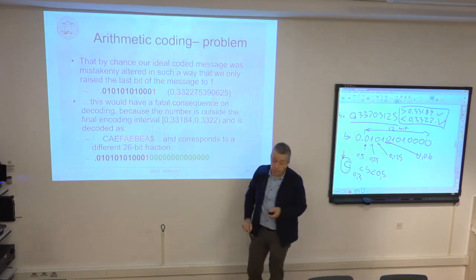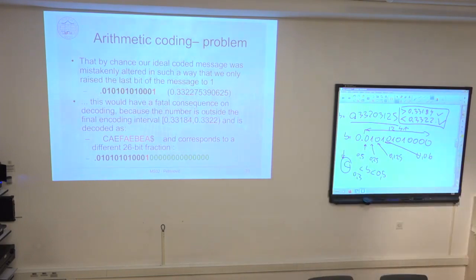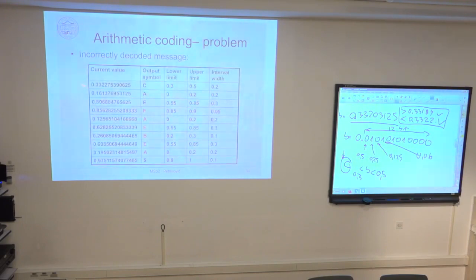So now I will use the same decoding principle and try to decode this value. I start from the wrong value, C, A, E, but the fourth letter in the sequence is wrongly decoded, not as C, A, E, E dollar, but C, A, E, F, A, E, B, E, A dollar, finally.